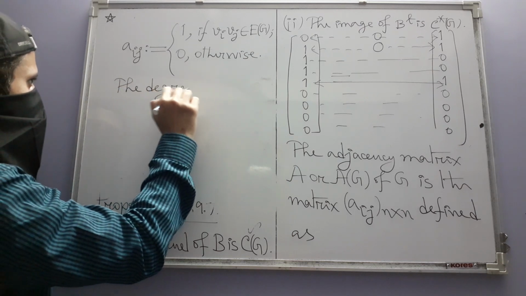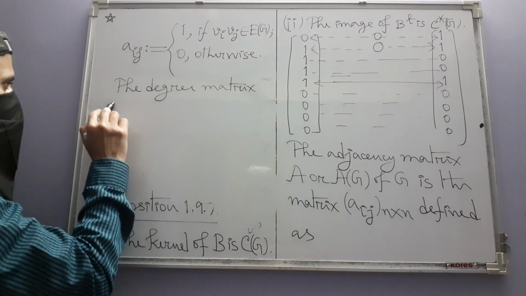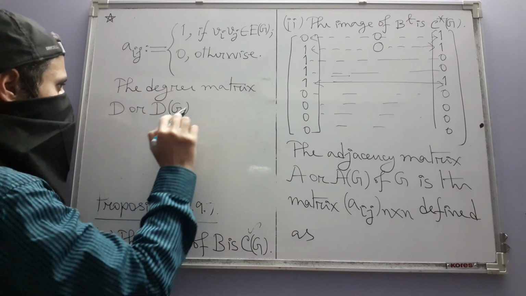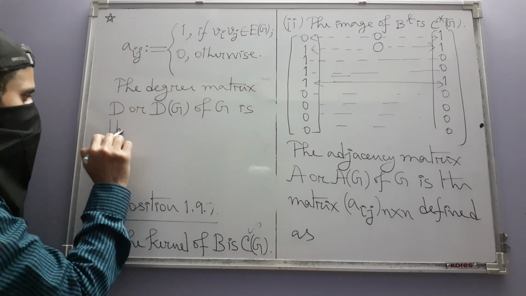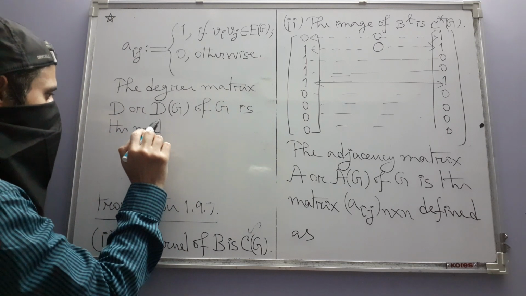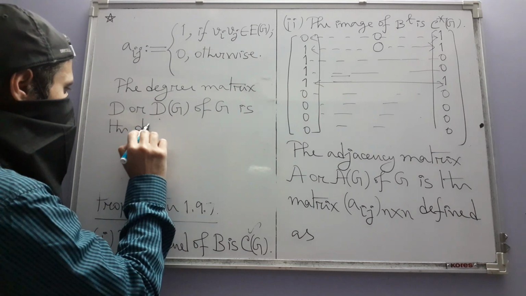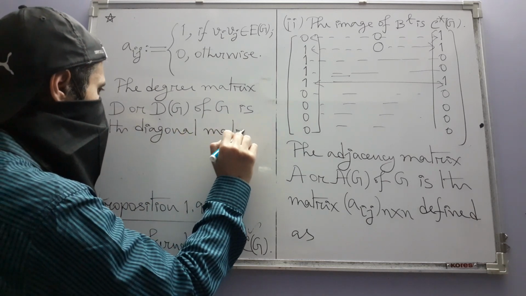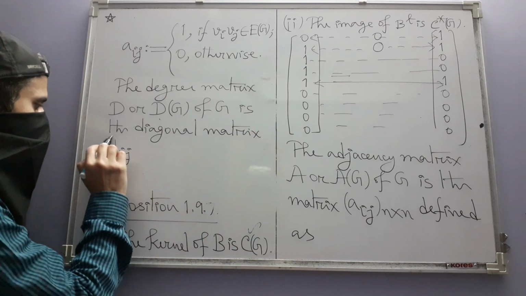There is one more matrix, the degree matrix. D, or D of G, is the diagonal matrix Dij.